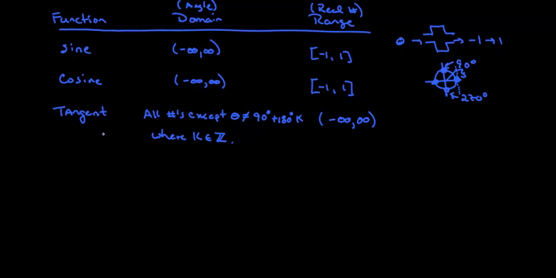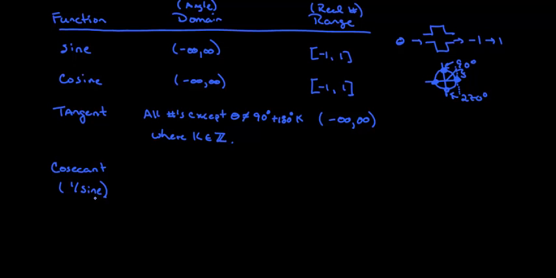Okay, now let's look at the 3 reciprocal trig functions. Sine goes to cosecant. Since cosecant is the reciprocal of sine, cosecant is 1 over sine. Cosecant will be defined everywhere except where sine is equal to 0.